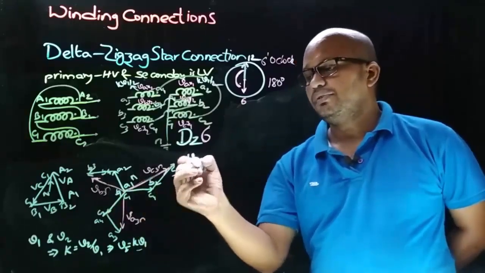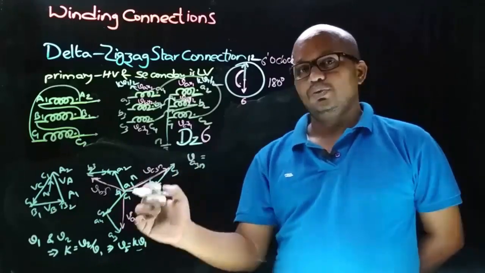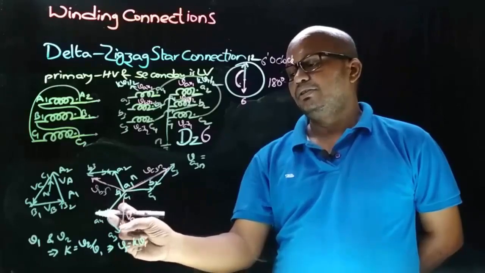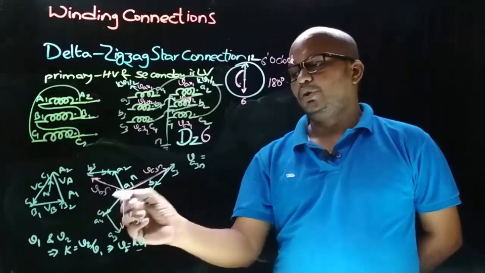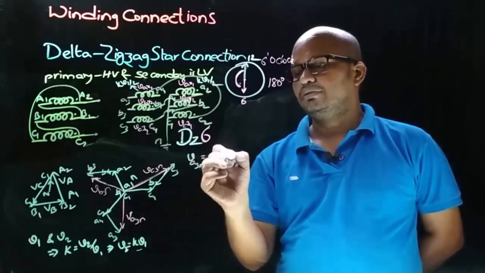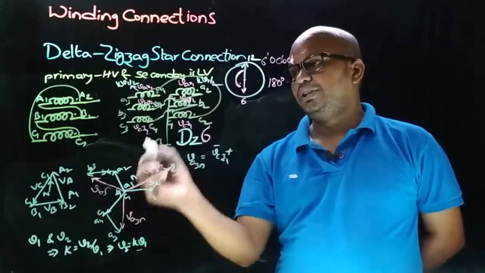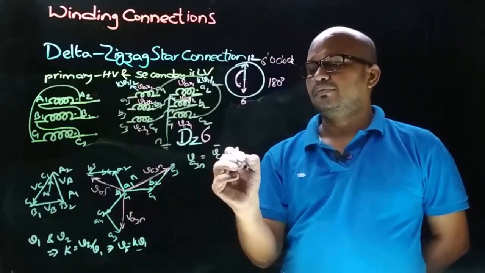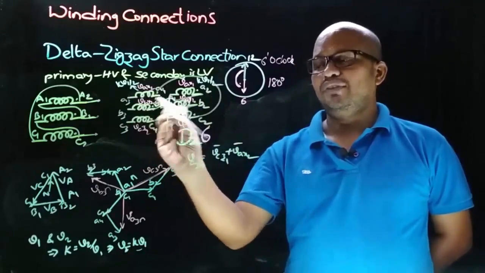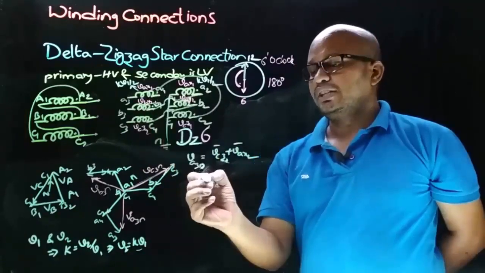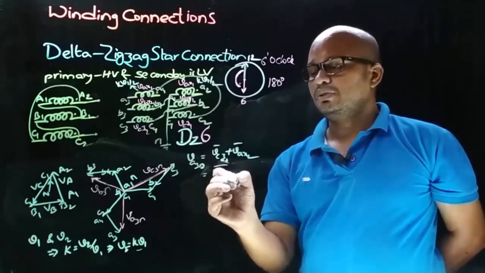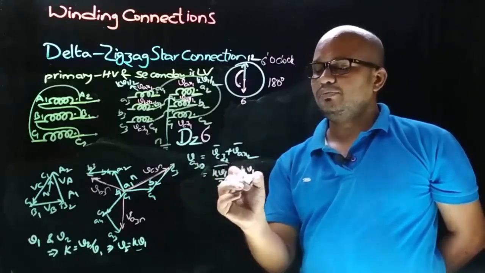So let's consider VA3N, which is the vector sum of the voltage induced between C1 and C2 and A4 and A3. The voltage between C1 and C2 is VCZ1, and the voltage between A4 and A3 is VAX2. And for simplification, let us assume that all the winding voltages are the same, therefore that can be taken as equal to K into V1 by 2 plus K into V1 by 2.